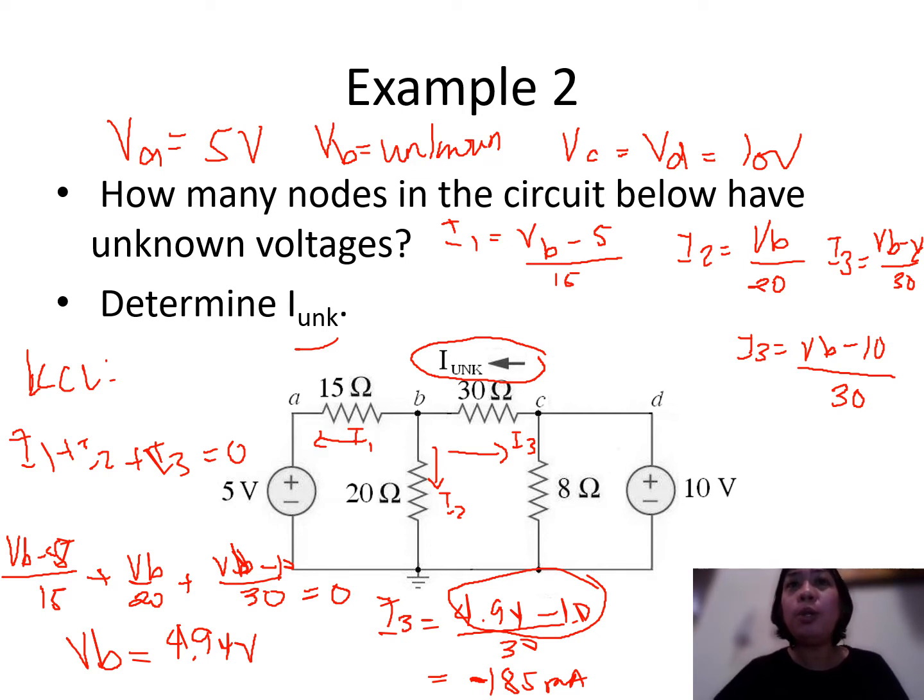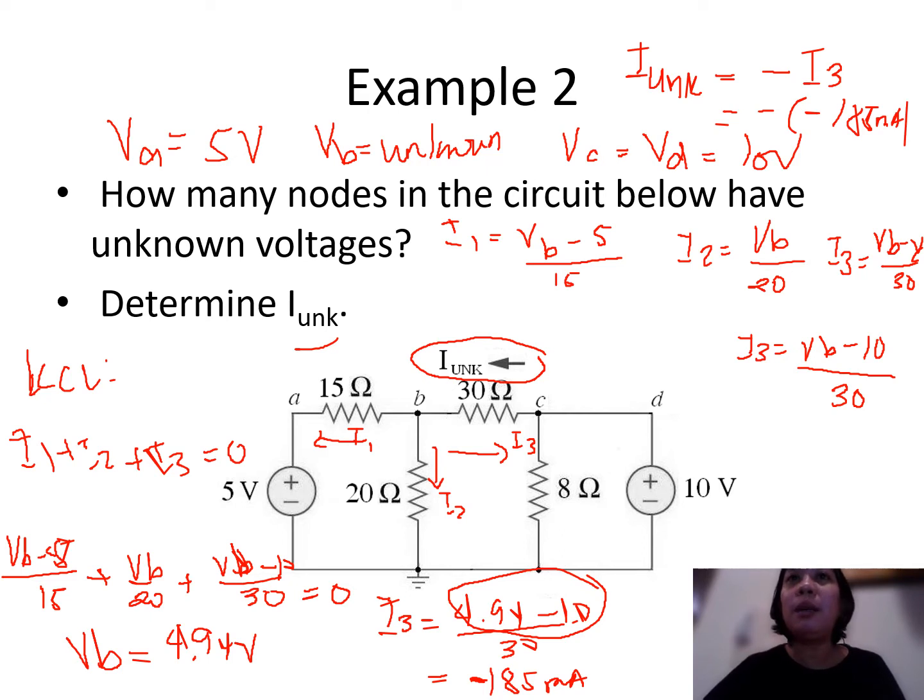So if we're going to solve for your I unknown now, your I unknown is equal to negative I3. Why negative I3? Because they are of opposite direction. So therefore that is negative 185 milliamperes.